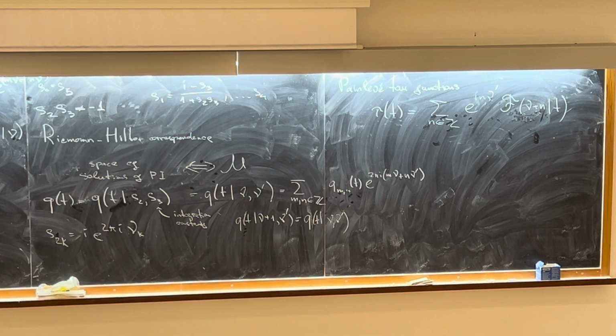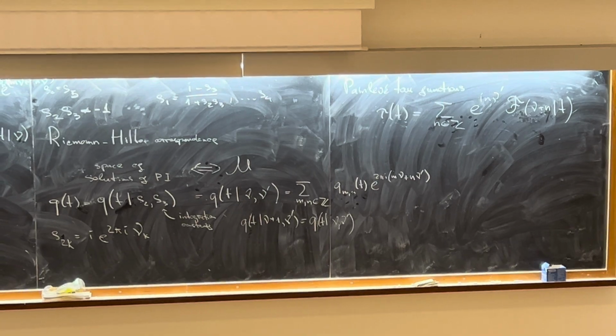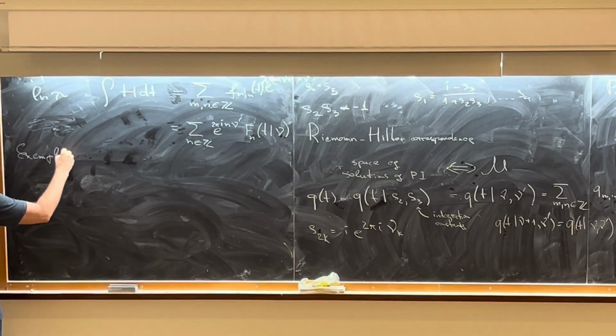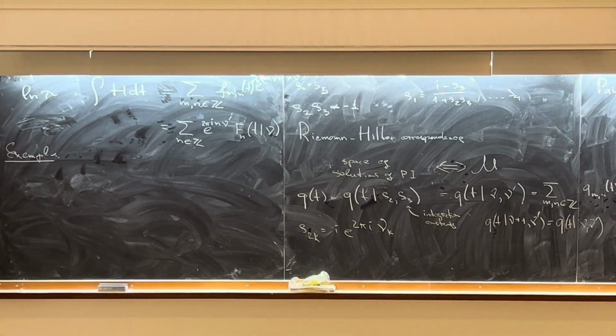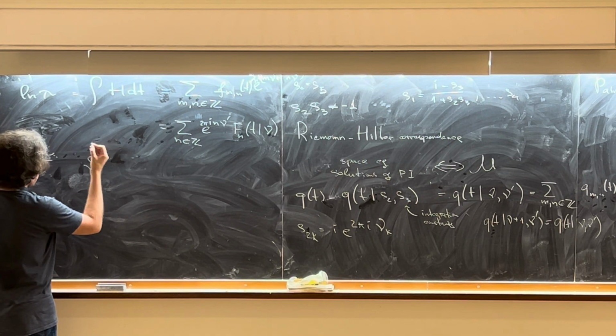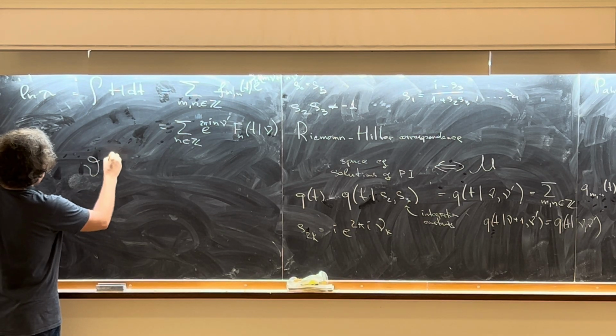So now, in order to convince you that this is not a pathology, but something that really happens, we can consider an example. The example will be the theta function with characteristics. So let us define something like this.